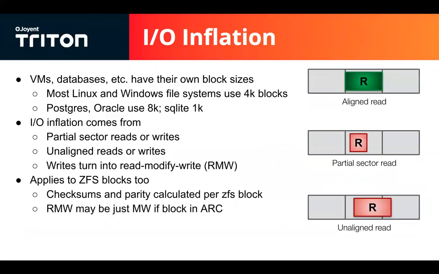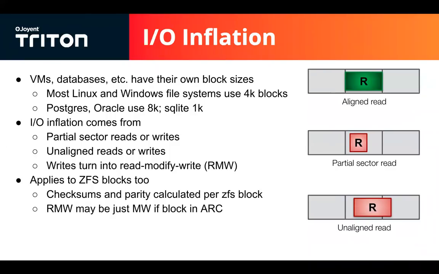We care about block size kind of matching sector size because we're worried about I/O inflation. When you have I/Os that are not aligned with the underlying sectors or smaller than the sectors, that means that you're doing more physical I/O than what you might expect. So when we're talking about VMs running on top of SmartOS, most of the guests are going to be running Linux or Windows, and those file systems tend to default to using 4K blocks.